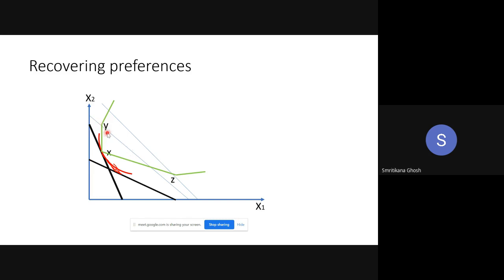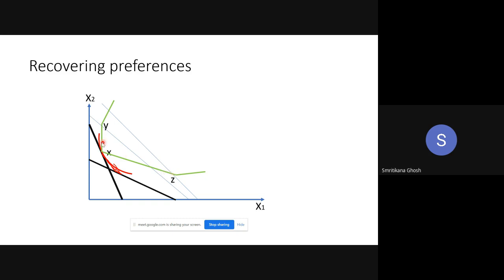So after doing that, you will get a single area, a single stretch, of points which are indifferent to each other. If you compare X and Y, you can understand Y is definitely more preferred to X. Similarly, if you compare Z, Z is more preferred to X because Z is the point above the X. So these points are not on the indifference curve, because an indifference curve is the combination of points which are indifferent to each other, right?